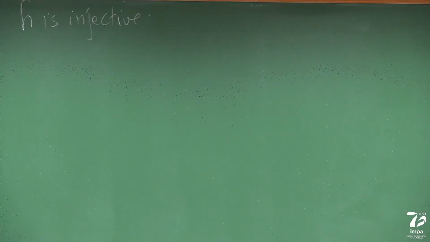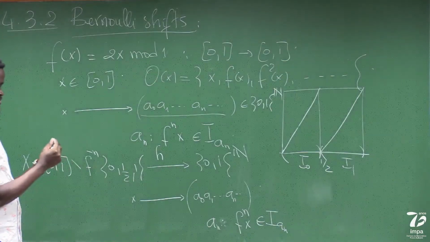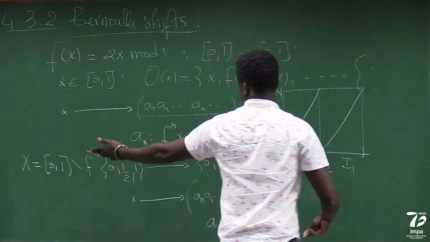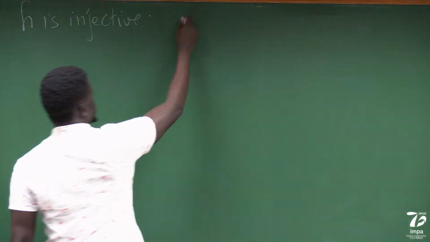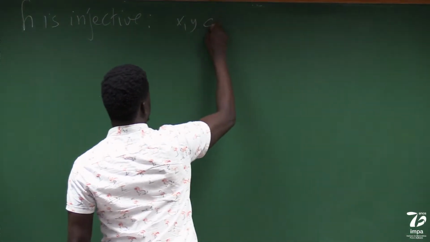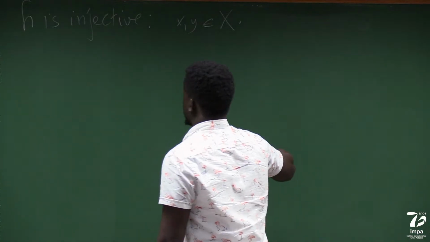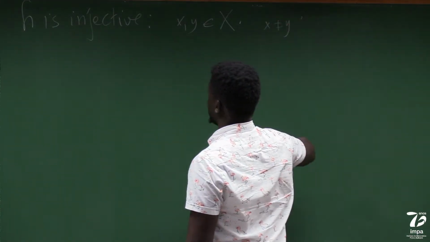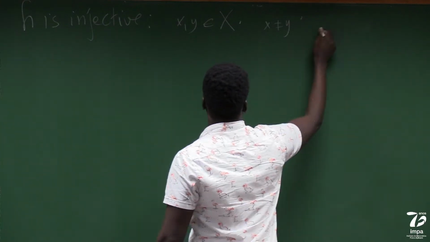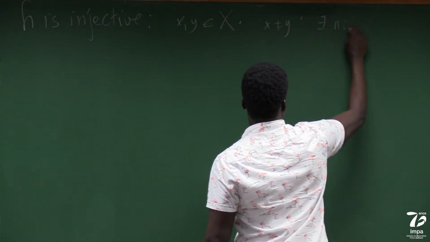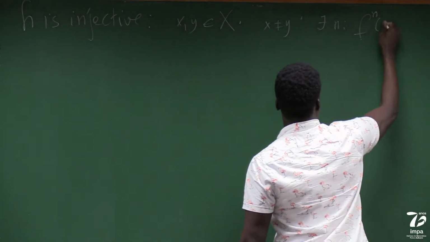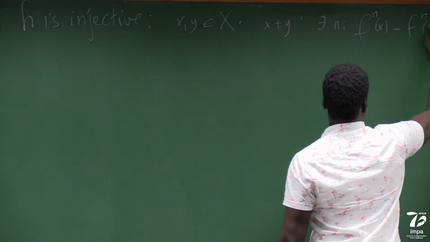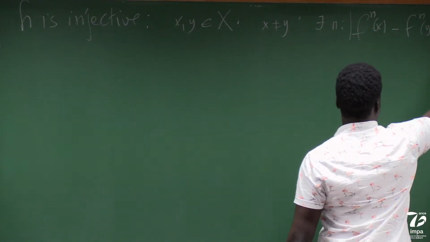Because if not, you would have 2 points. Say you have 2 points x and y on this space X. These are different, so you see that there will be some n such that f^n(x) minus f^n(y) is greater than a half.